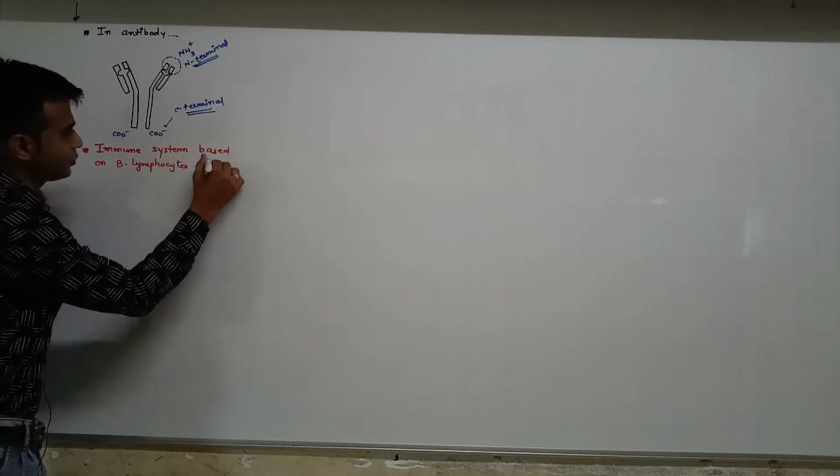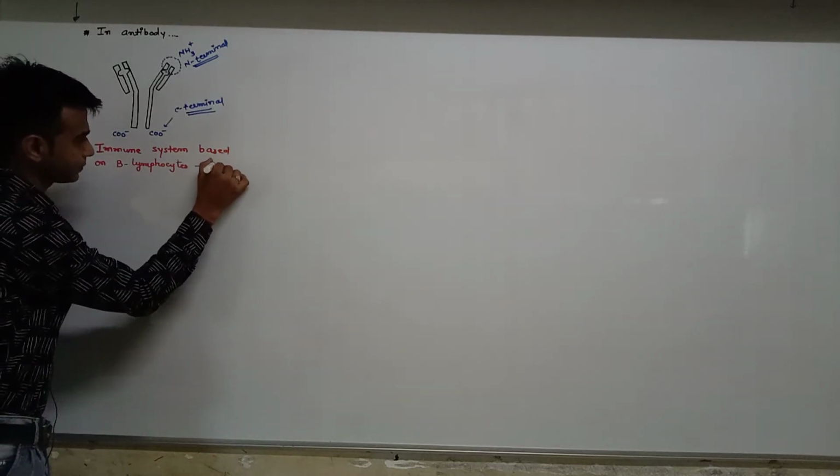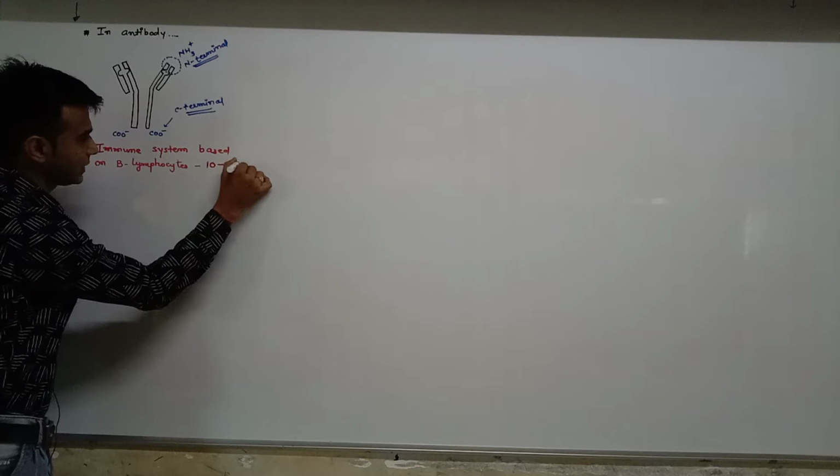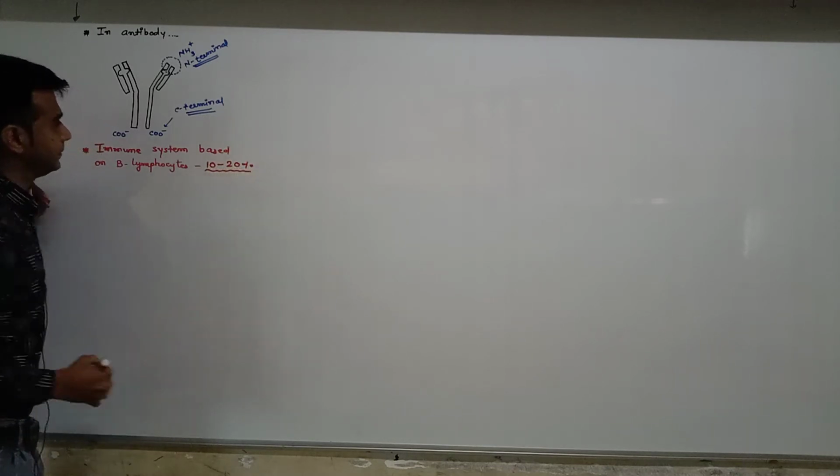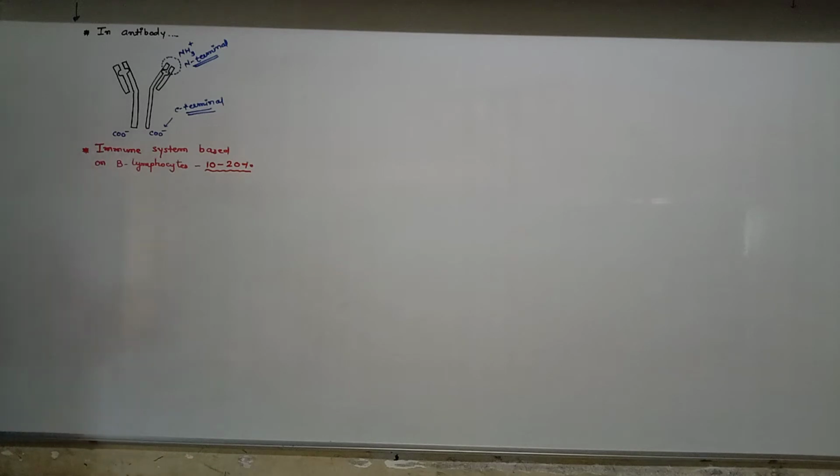Here the proportion is 10 to 20 percent, that is, the B lymphocytes make up 10 to 20 percent of the immune system.